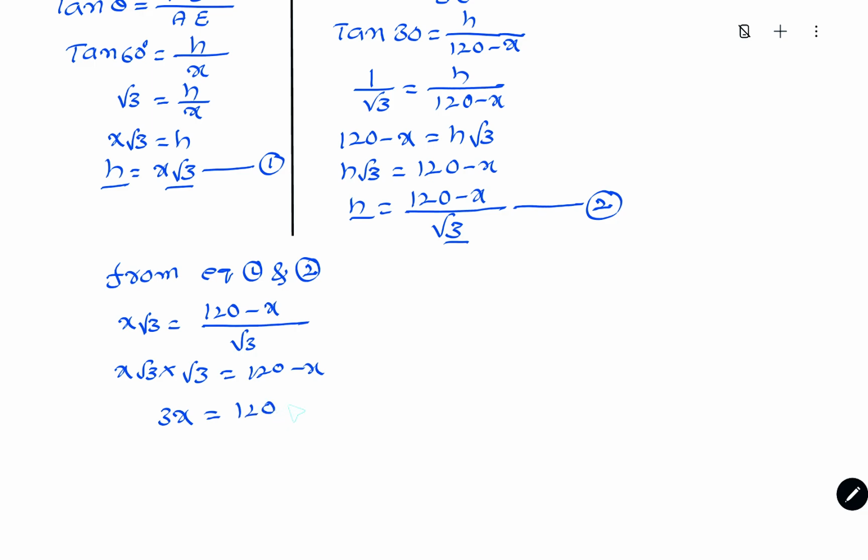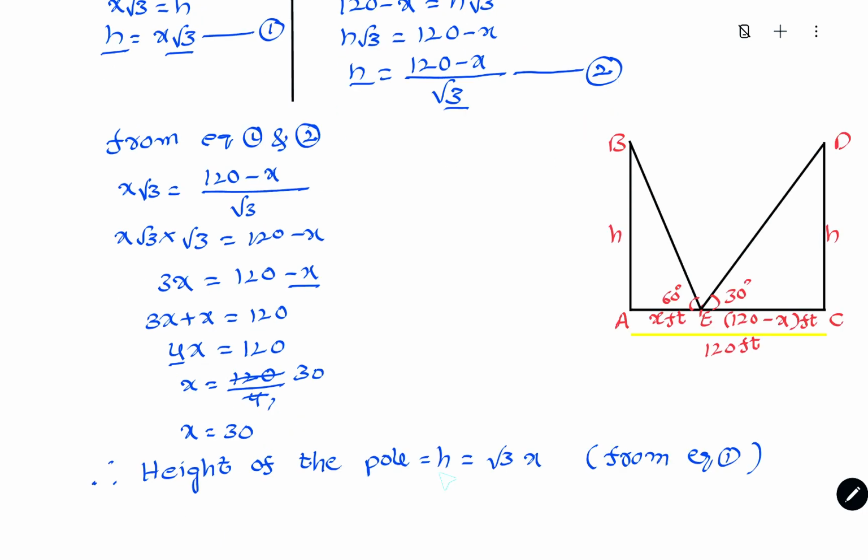Here 120 minus x. Now transpose this minus x from RHS to LHS. Then it will do addition. 3x plus x is equal to 120. 3x plus x, 4x is equal to 120. Transpose 4 from LHS to RHS. Then it will divide RHS. 120 by 4. 4 1 ja, 4 30 ja. We got x is equal to 30.